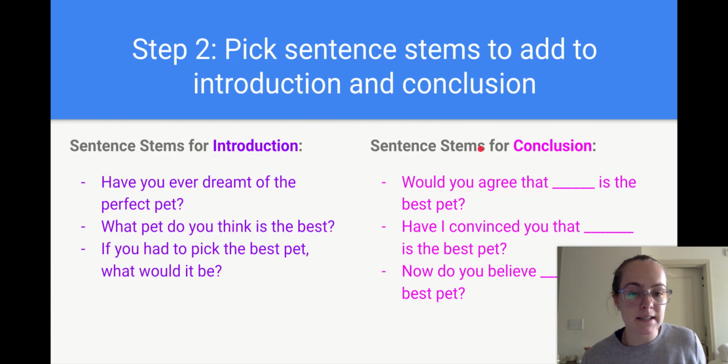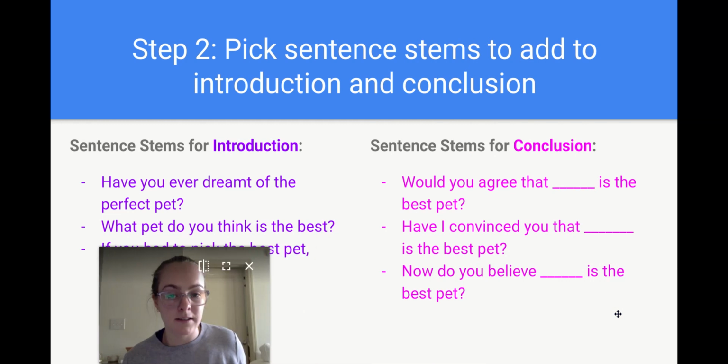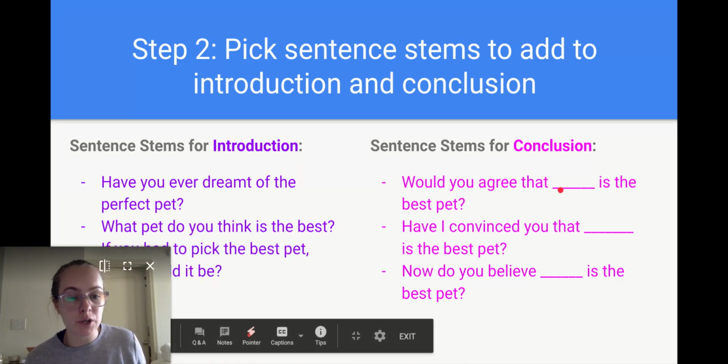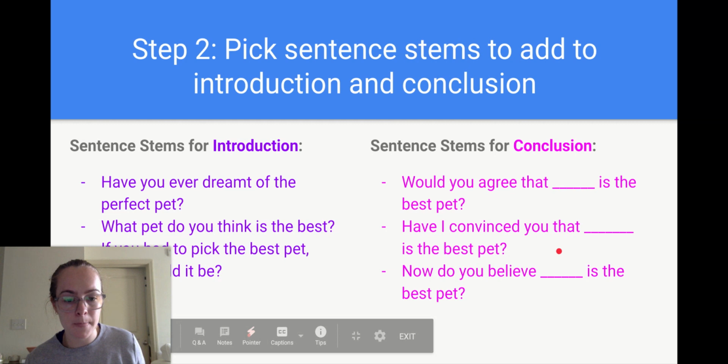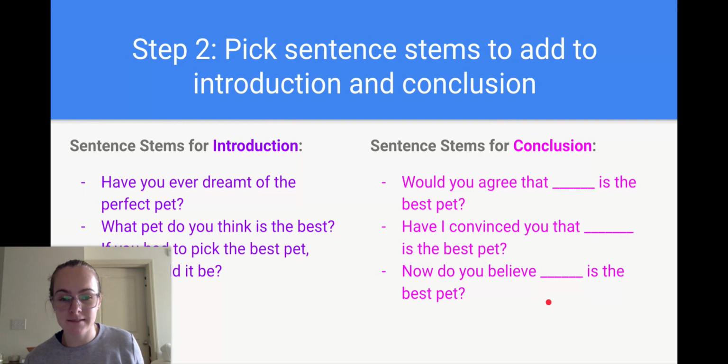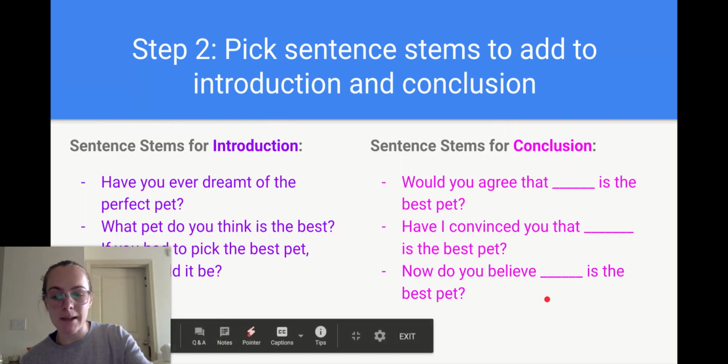Now let's look at my sentence stems for my conclusion. It reads, would you agree that blank is the best pet? Have I convinced you that blank is the best pet? Now do you believe blank is the best pet? Let me read my conclusion one more time to see which one best fits.